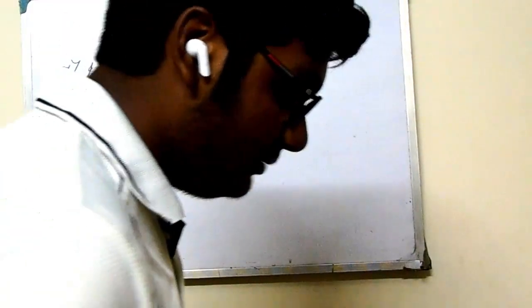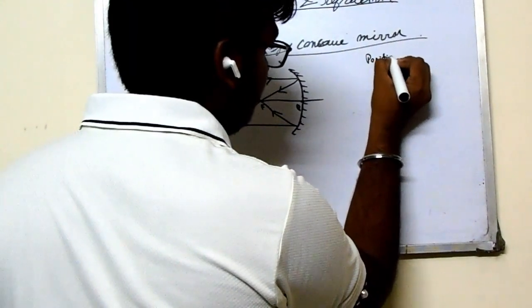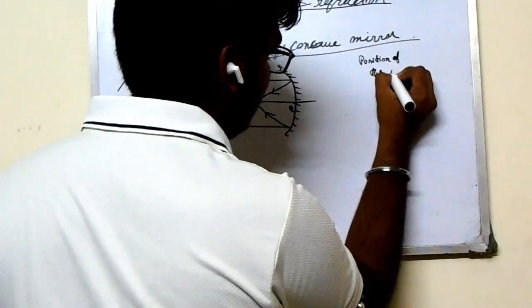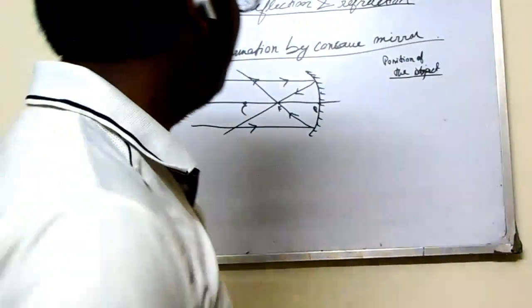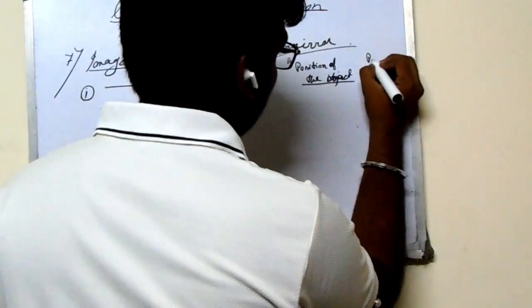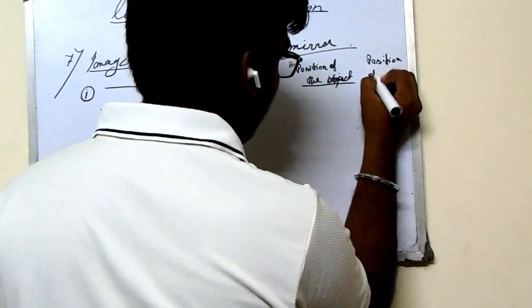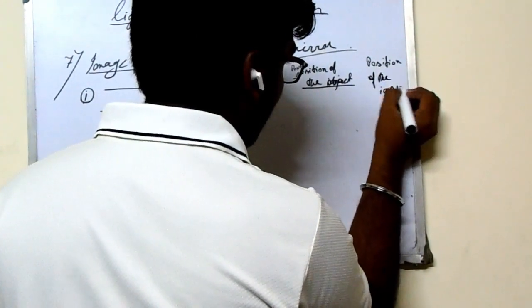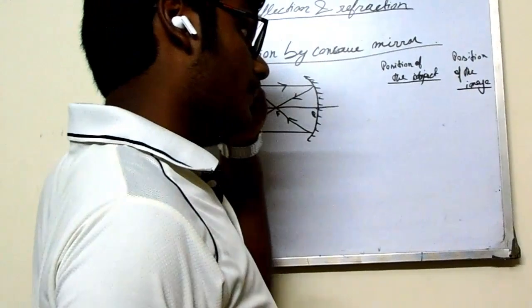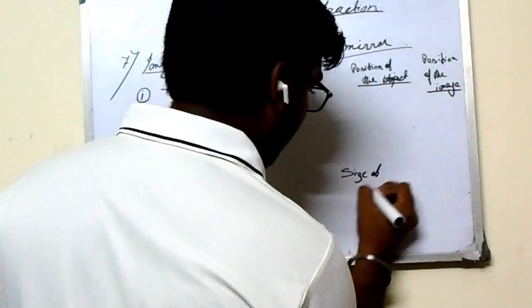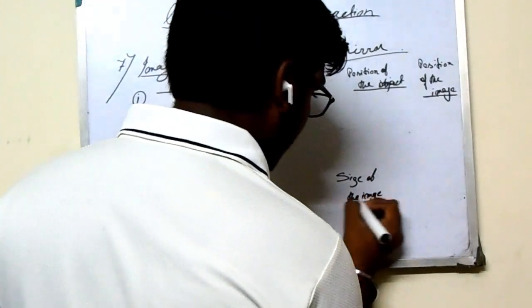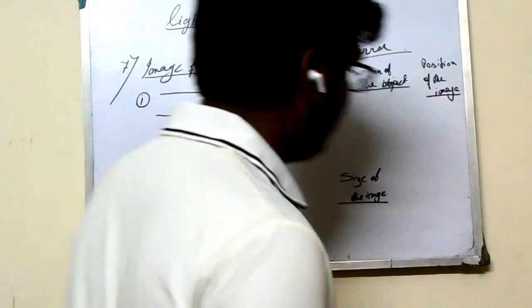Okay, let me first create a chart. Position of the object, position of the image, size of the image, nature of the image.